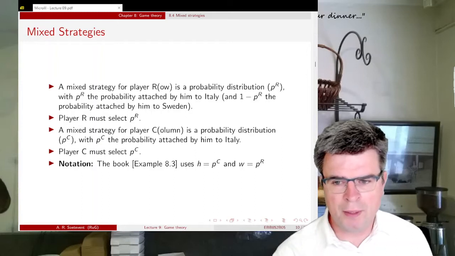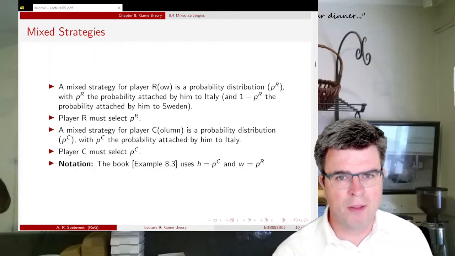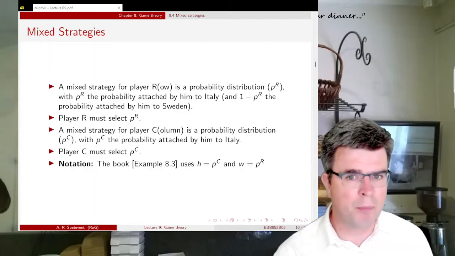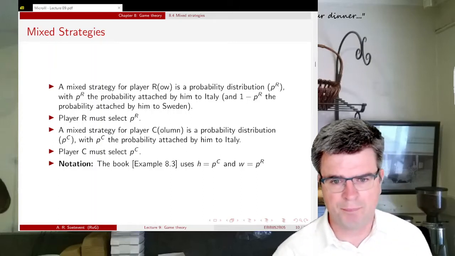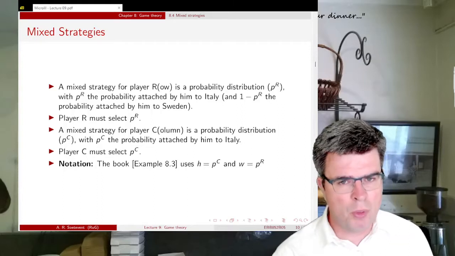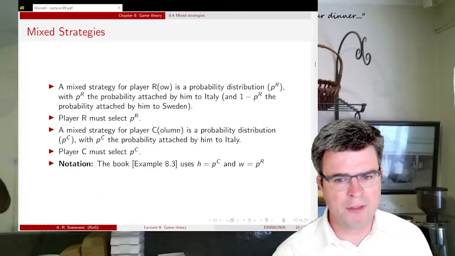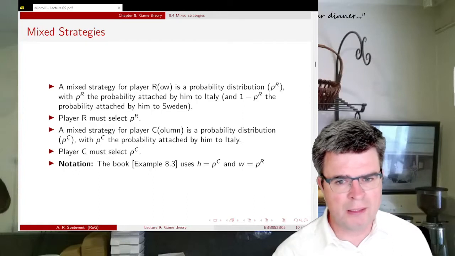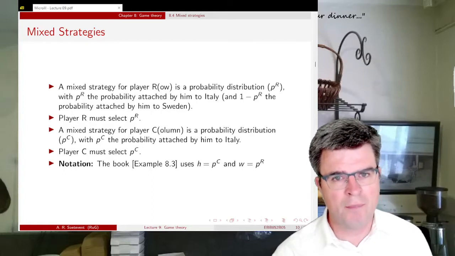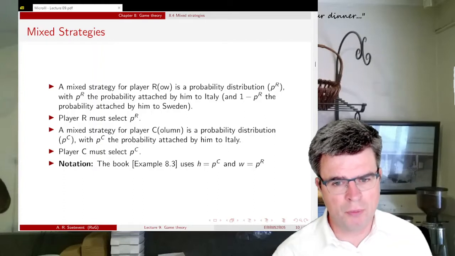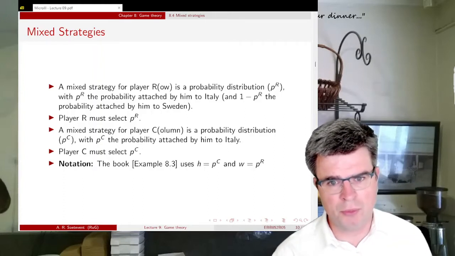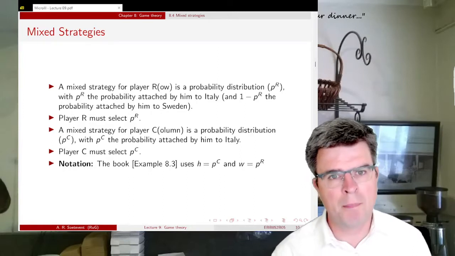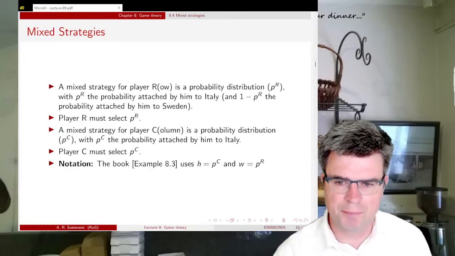The column player must select a probability PC with which the column player will play Italy. Note that this is the same example as in the book, example 8.3, but the notation is slightly different, because in the book the notation H and W is used instead of PC and PR, but I prefer the notation that we use here.